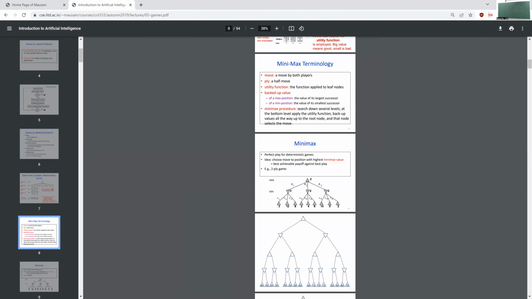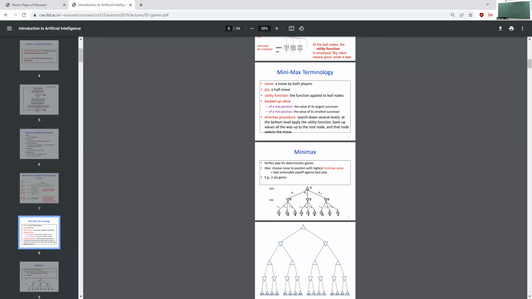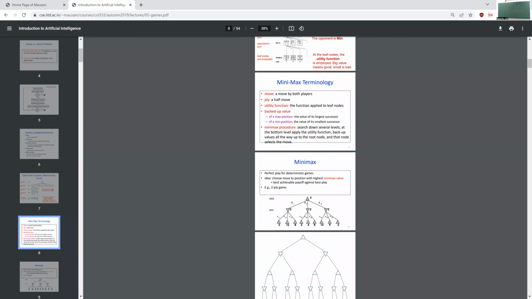Because the leftmost state has the smallest utility 3, the strategy for the opponent will be to apply A11 at that point, because that's the minimum.